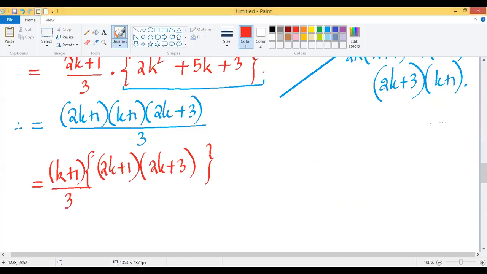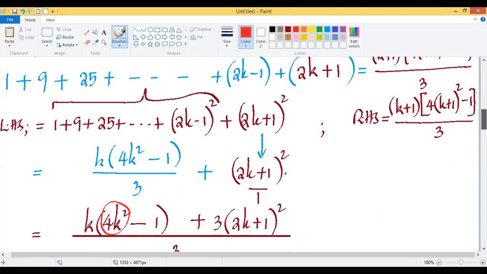So if we want, we can confirm, because our right hand side is the same as k plus 1 into, I can create yet another difference of 2 squares, 2 into k plus 1, but the whole of it squared minus 1 squared.